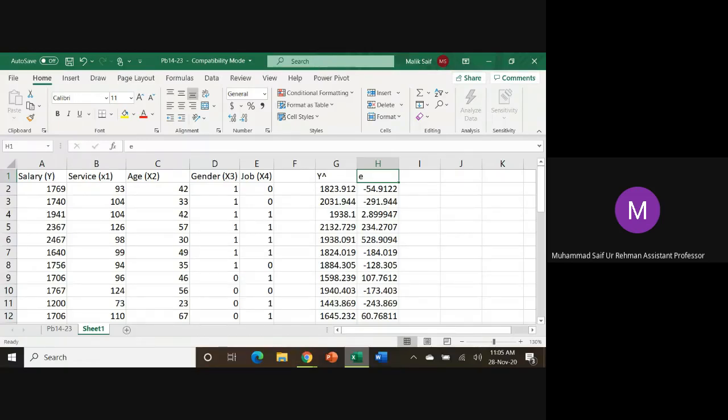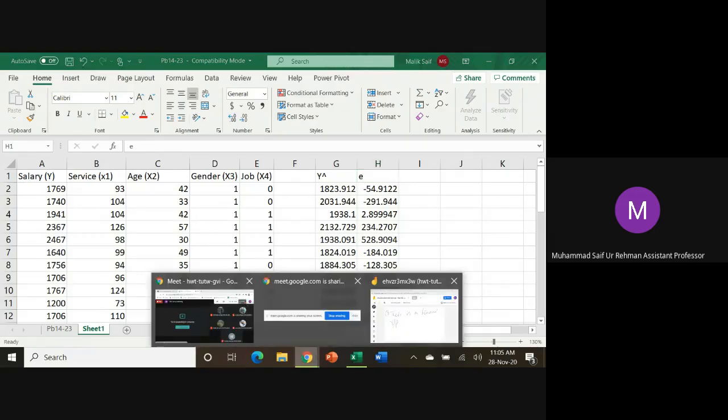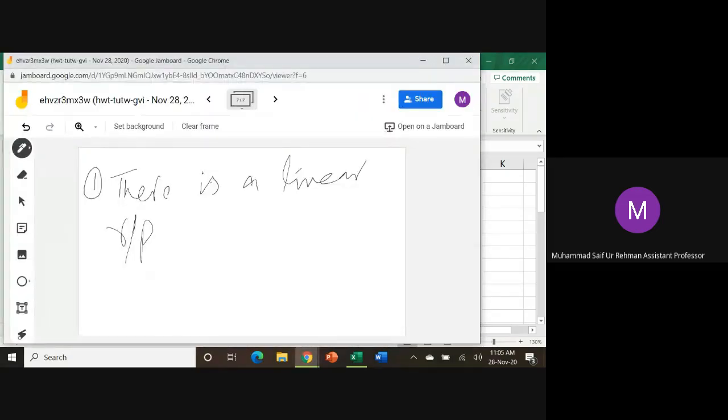So how will you draw the scattergram manually in your notebook? Definitely you will take y over here and x1, the first variable you will check. You will put different dots over here and see what happens: is there any positive or negative relationship, or no relationship between these two.